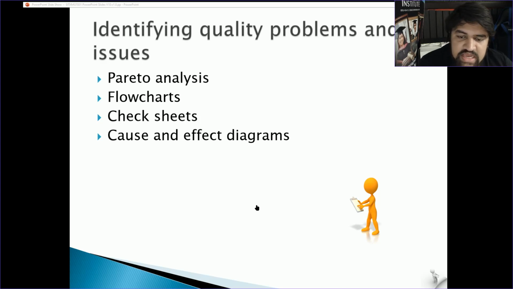We know what flow charts will do, we know what we can use for check sheets, but if we're doing cause and effect diagrams or Pareto analysis, we're looking at how doing the least can solve the most. So we want to put in the least amount of effort to get the most solutions, or solve the most amount of problems in that case.